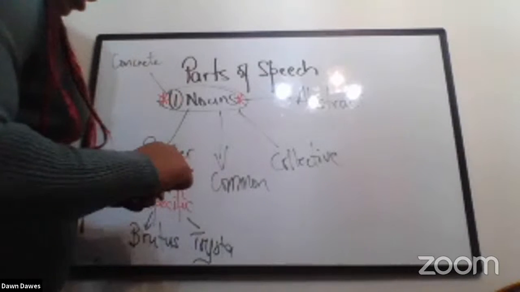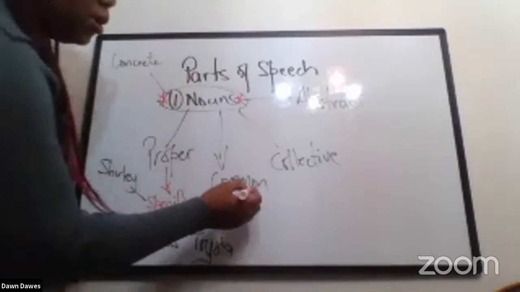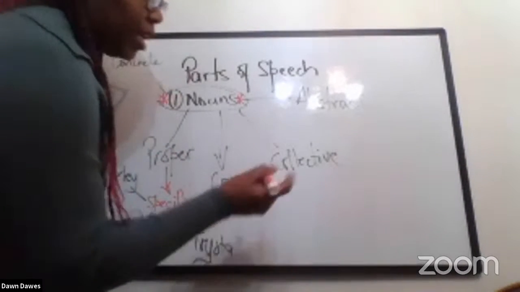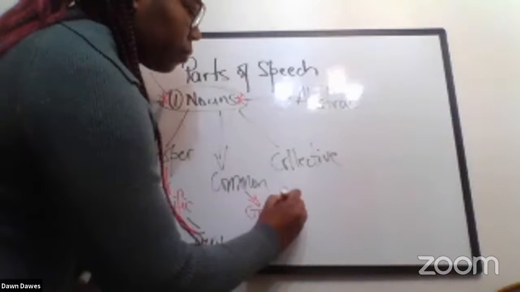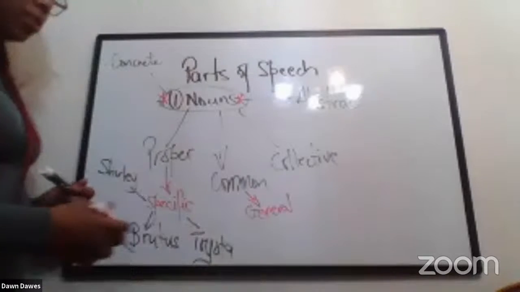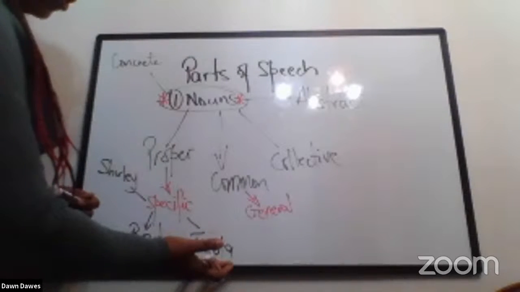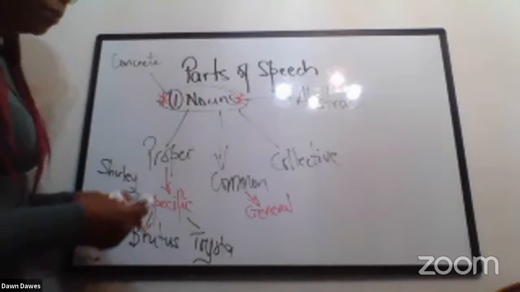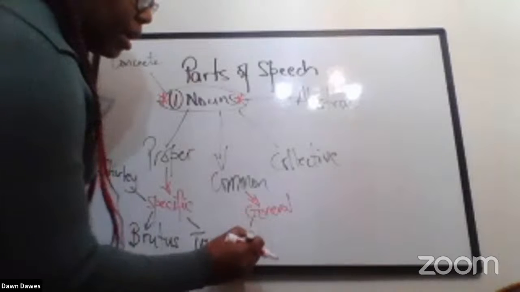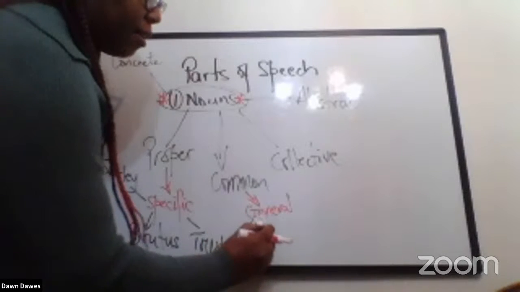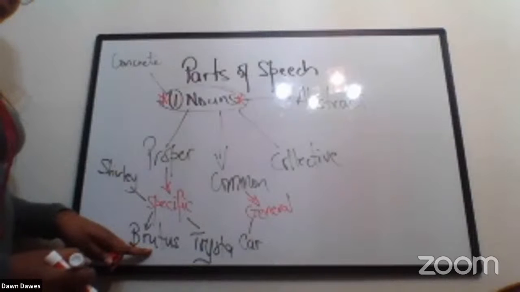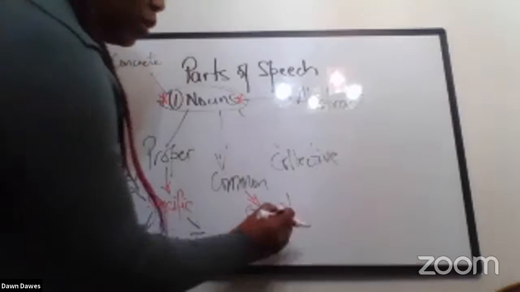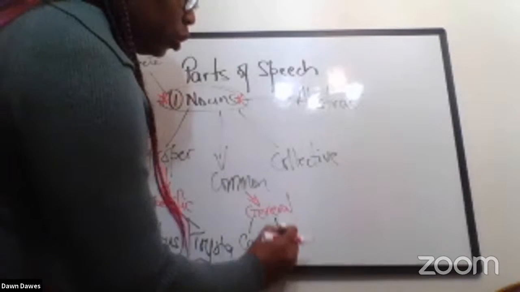Okay, and let's look at common nouns now. These are more general in nature. General, so just like we have for specific, we have Toyota, we would have car being the common noun. For specific, Brutus, we would have dog.